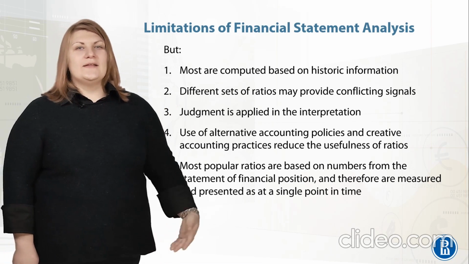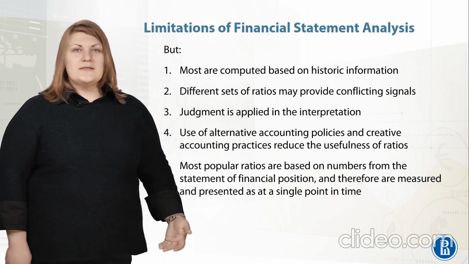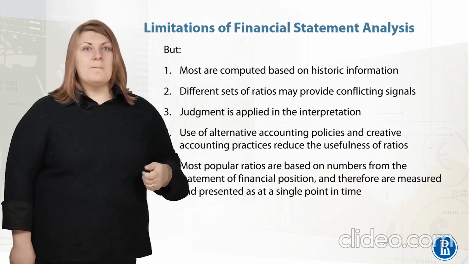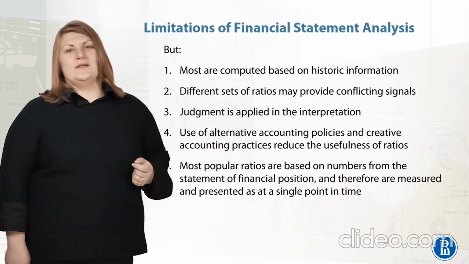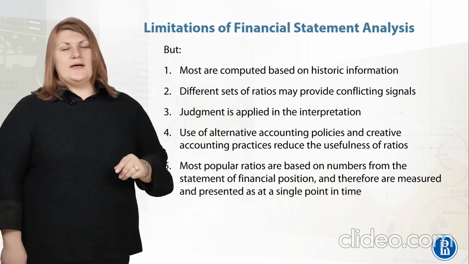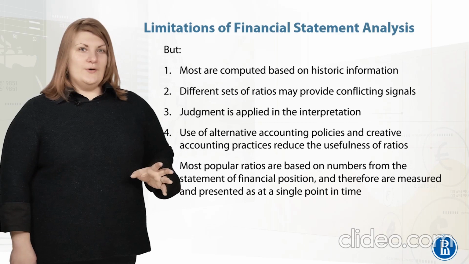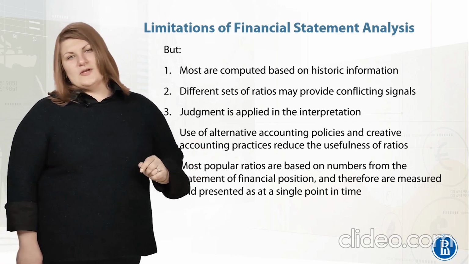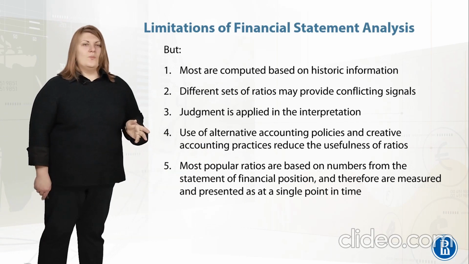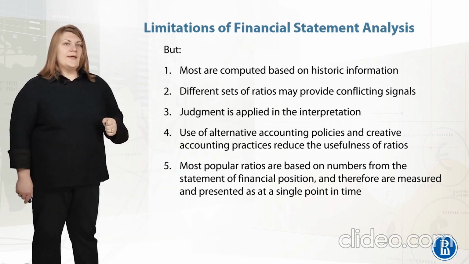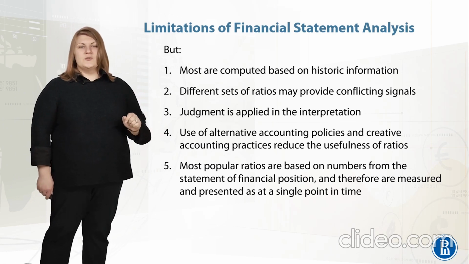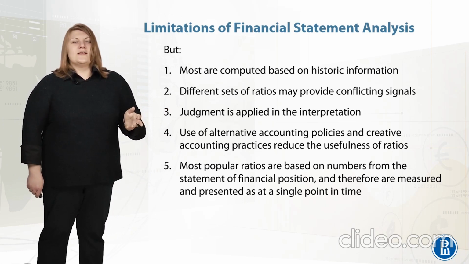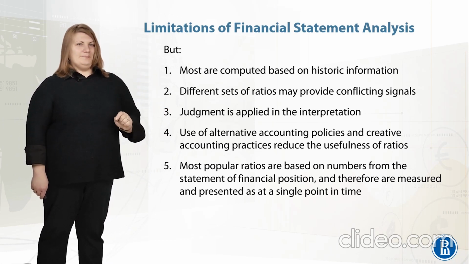Judgment is applied in the interpretation, and the next is the use of alternative accounting policies, which means that a company may have changes in the policies and creative accounting practices. This happens in companies, and it will reduce the usefulness of ratios. Finally, most popular ratios are based on numbers from the statement of financial position, and therefore will be measured and presented at a single point in time.